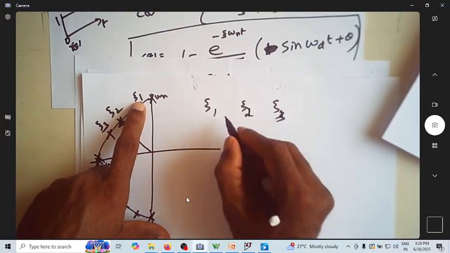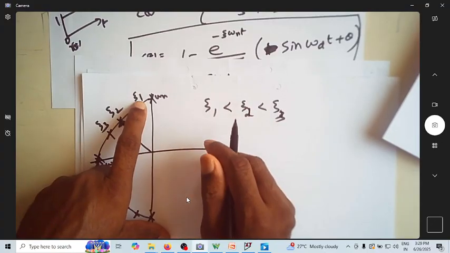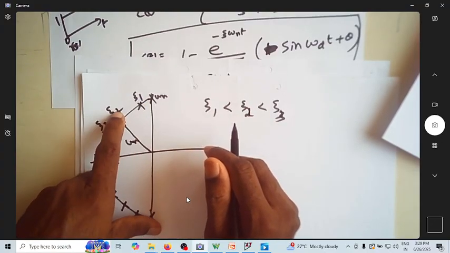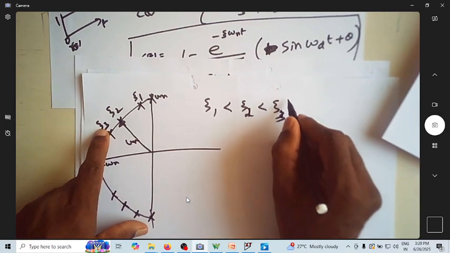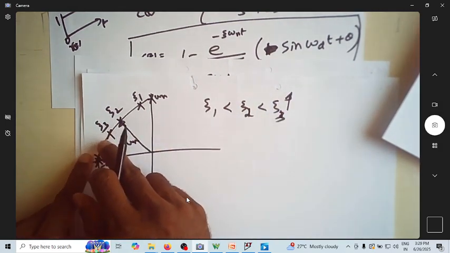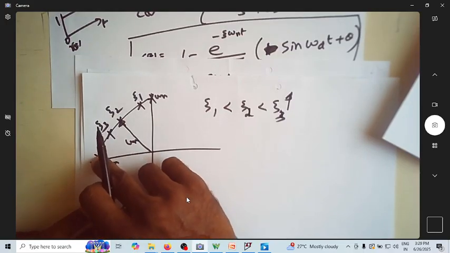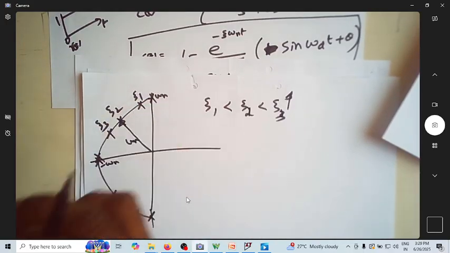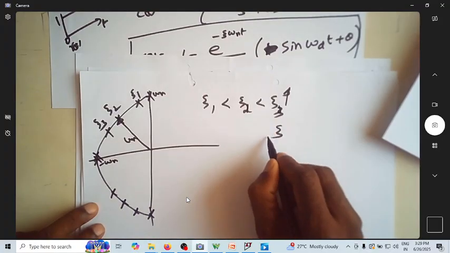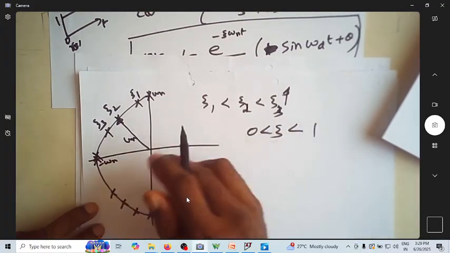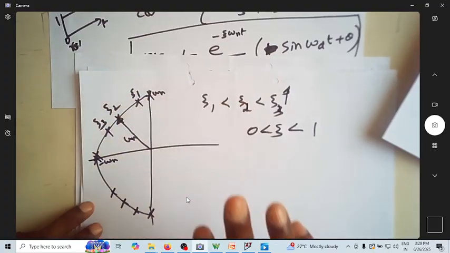Zeta 1 is the least. So zeta 1 is lesser than zeta 2, and zeta 2 is lesser than zeta 3, which is the highest one here. Even when I say highest, when it is complex, the value of zeta is still less than 1. So if zeta is between 0 and 1, the poles are always complex.